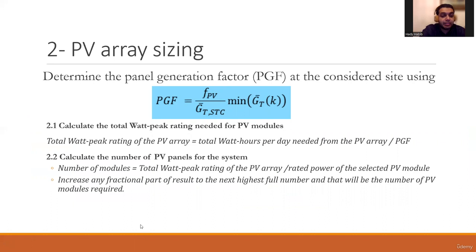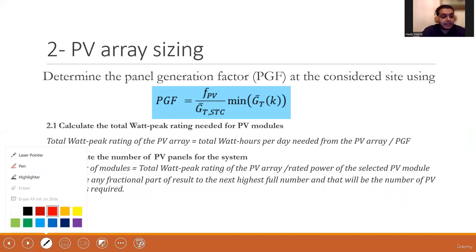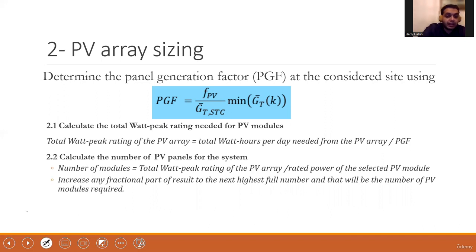In fact, sometimes they name it peak sun hours in non-technical words, which is simply, as I will tell you now, if this is the time and this is the power produced by the PV, it will be along the day like this, and this area is the energy produced by the PV.